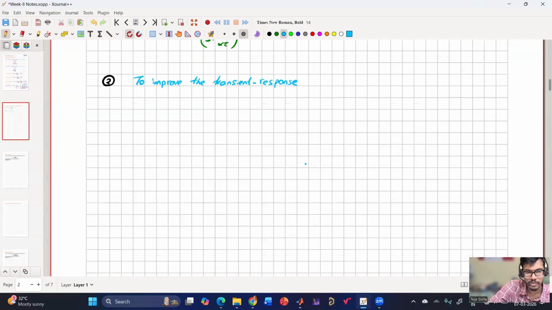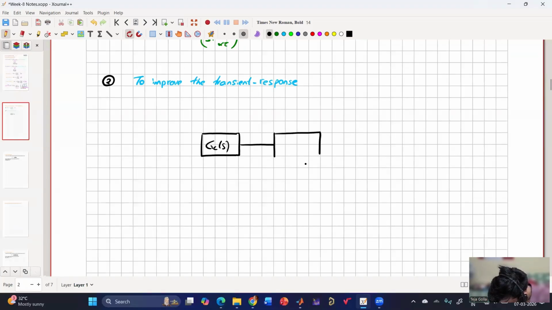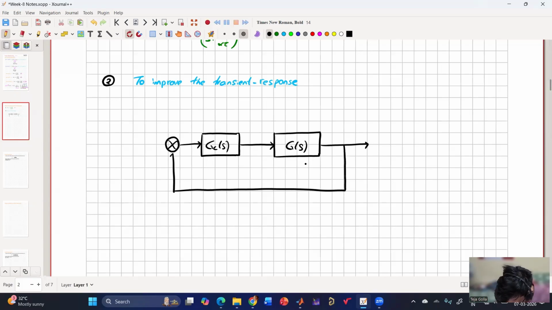For a given system, say I have a system Gc of s and G of s, with a plus-minus feedback.